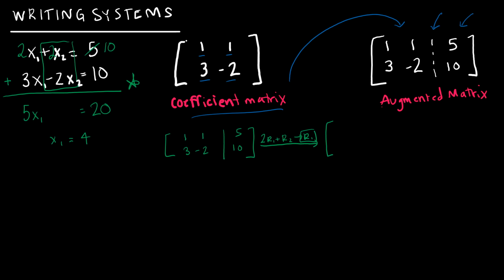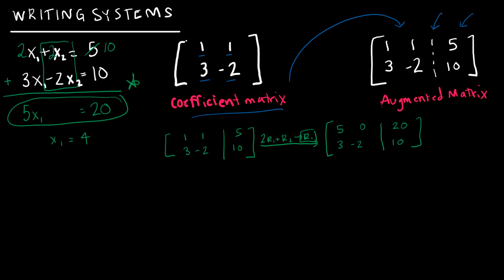Row 1 is taking 2 times 1 plus 3, which is 5, and then 2 times 1 plus -2, which is 0, and 2 times 5, which is 10, plus 10, which is 20. And this, nothing happened to. So I want you to notice I have 5x1 and 20, and I have 5x1 and 20. So this is kind of how it's going to relate.